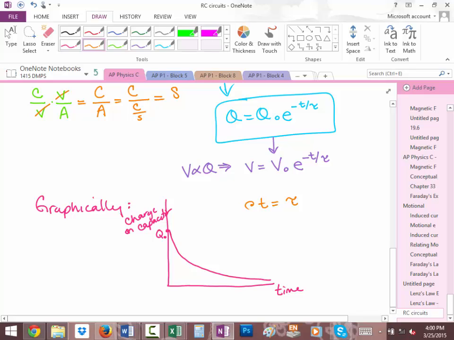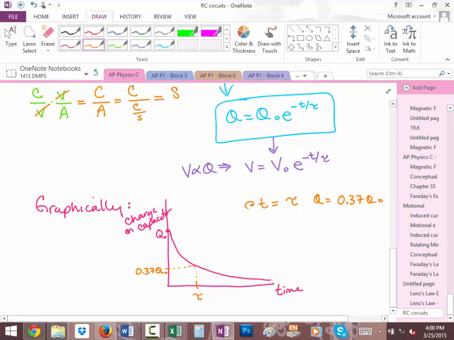Right, e to the negative first, and e to the negative first is about 37%. So we can say that when t is equal to tau, Q is equal to 0.37 Q naught. So we can identify where that is, and that's about here, and that's at tau.